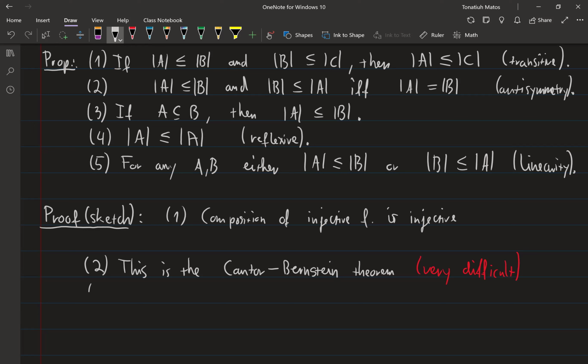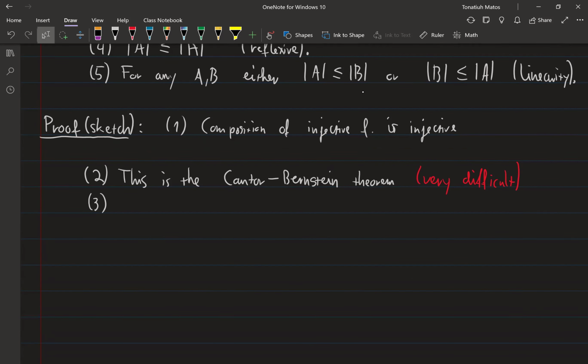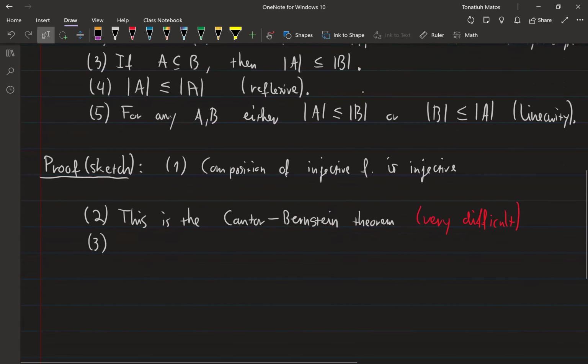So good, very good. What about number 3? Number 3 is also easy, right? You would expect this to be almost immediate. A subset cannot have more elements than the set it is consisting of, because a subset is the set having removed something from it, right? So if we want to conclude that A is less than or equal to B, what injection can you suggest? And while you think about that, I can tell you that number 4 is trivial, right?